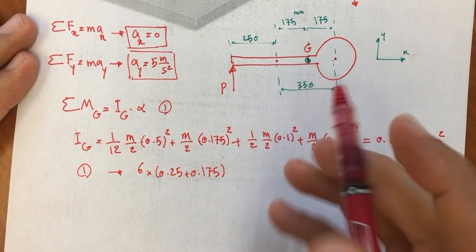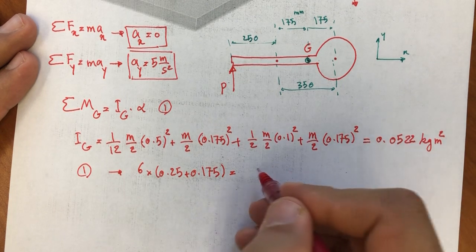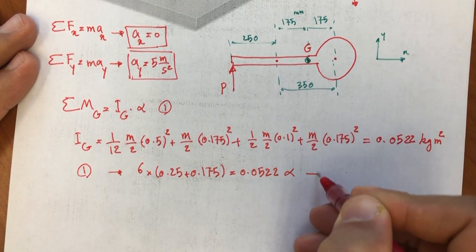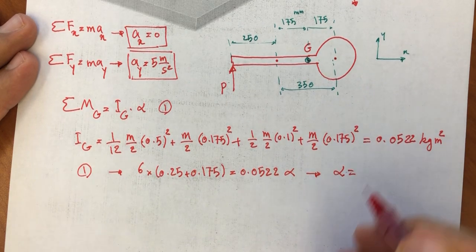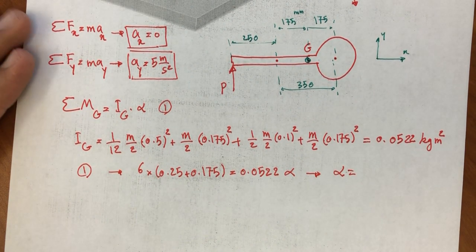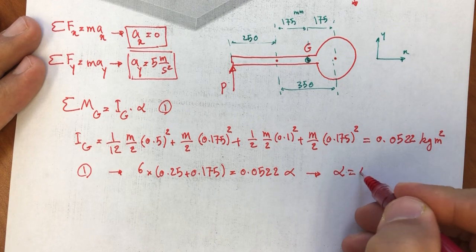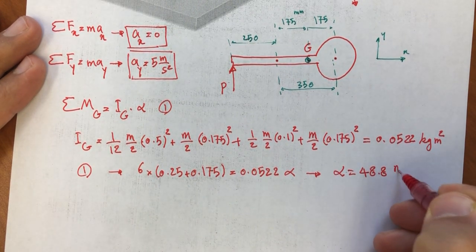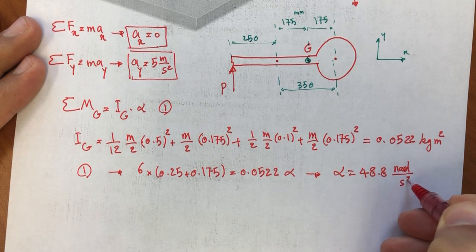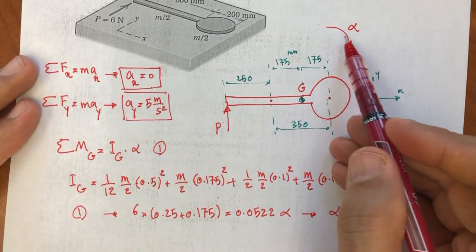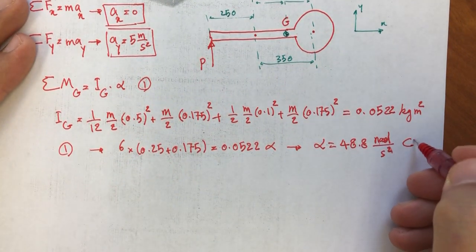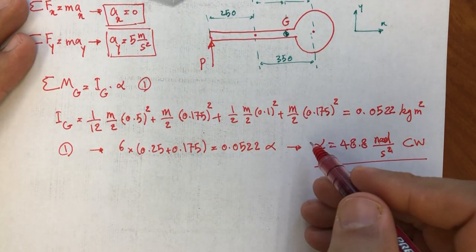The moment of P about G is going to be equal to Ig, which is 0.0522, times alpha. From here we can find alpha. Alpha is going to be equal to 48.8 radians per second squared in this direction. So it is positive in this direction, which means it is clockwise. So that's going to be alpha.